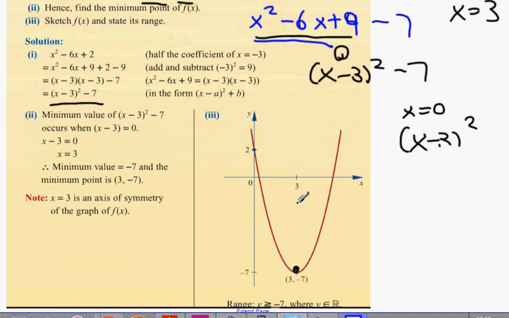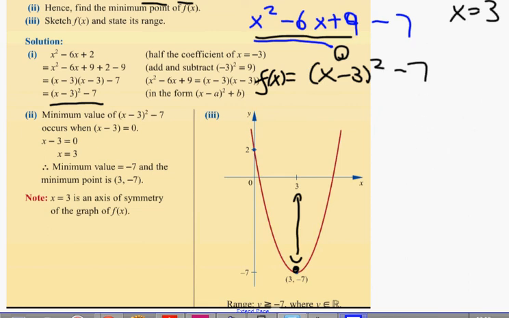The minimum value, if you were to draw this out, occurs at x equals 3. You know x equals 3, but what's the y value if that happens? When x equals 3, we know that f of x equals x minus 3 squared minus 7.